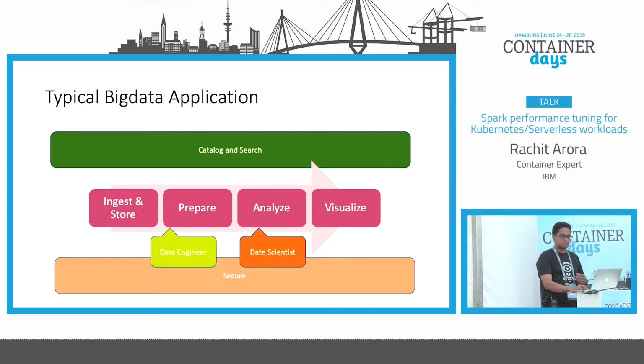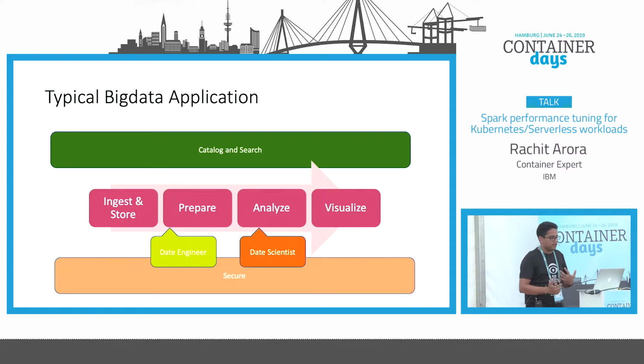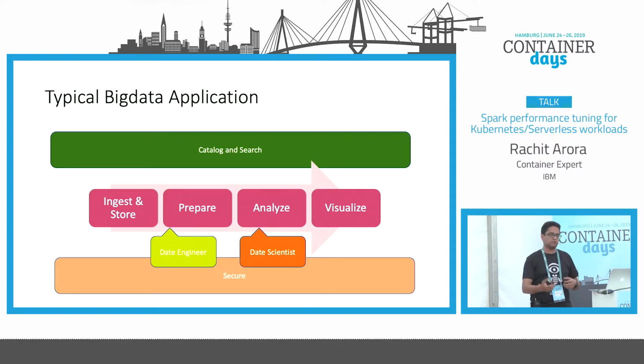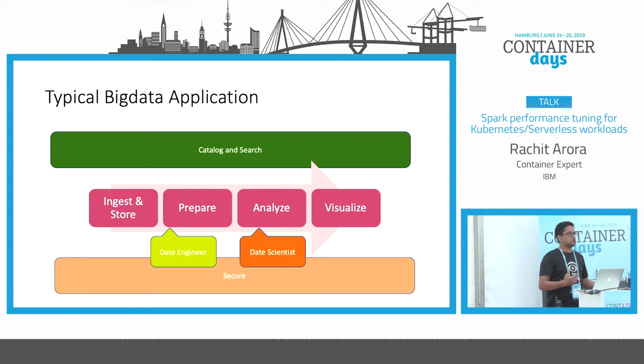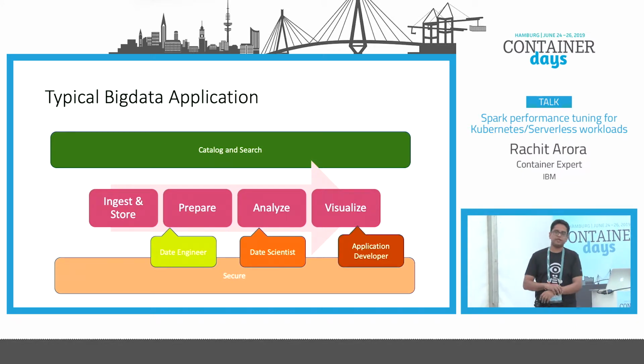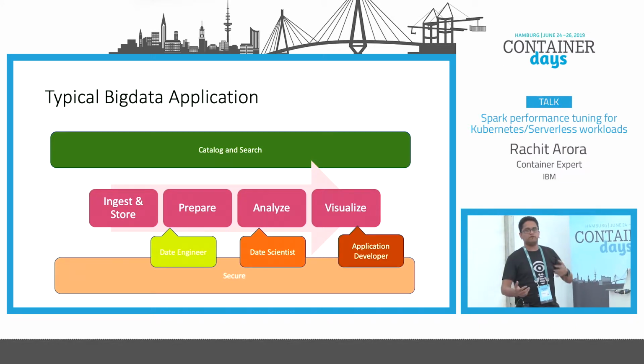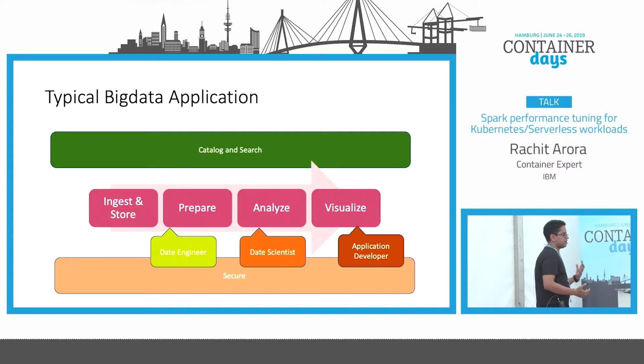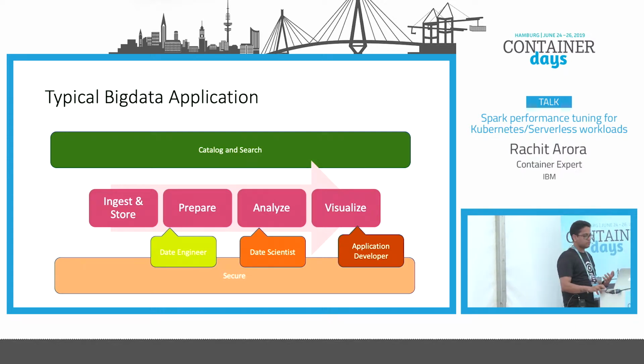So the data scientist is primarily responsible for building those predictive analytical models, right? And he will use this data created by the data engineer to build the analytical models, and that can be used by an application developer to write applications like chatbots, which are interacting with your customers to get more insights, right?